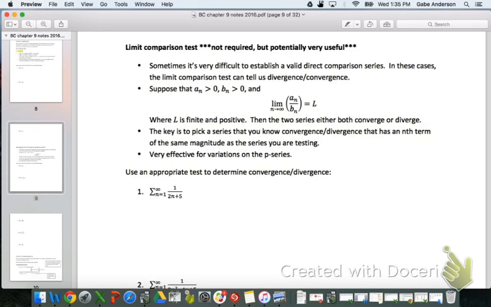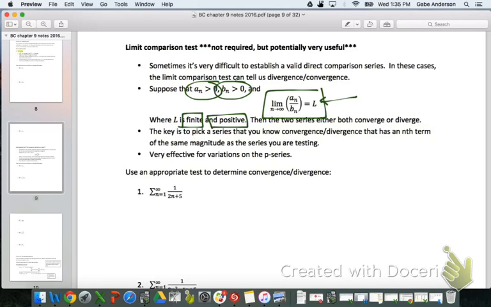Here is the limit comparison test right here. If we have two series, both of which have positive terms, then we can calculate this limit: the limit as n goes to infinity of one series over the other series. It doesn't matter which one is which. If we get L, some number, and that number is finite and positive, then the two series both go the same way.